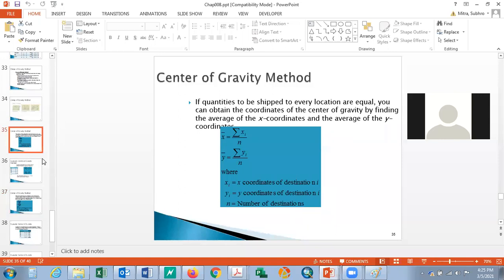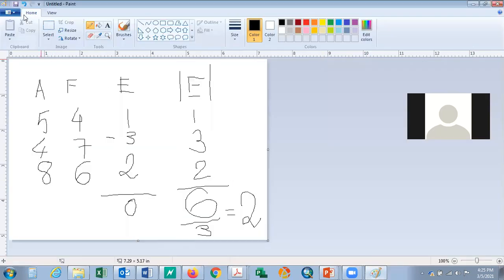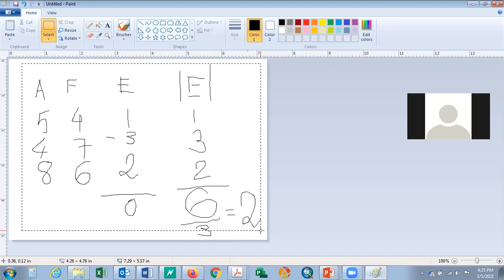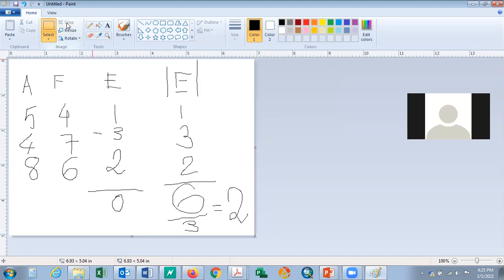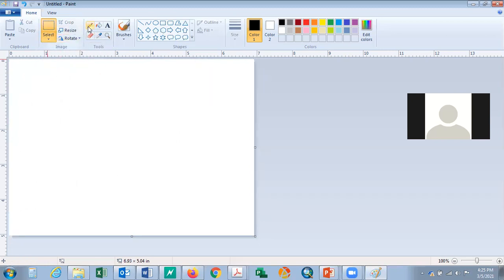This is a gravity model. What does this mean? Let me again go back to the paintbrush. So you have four different points.